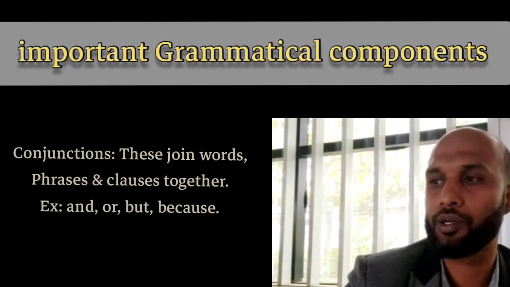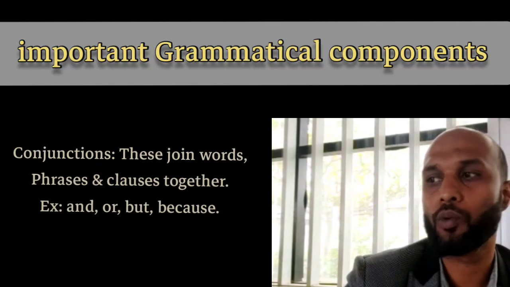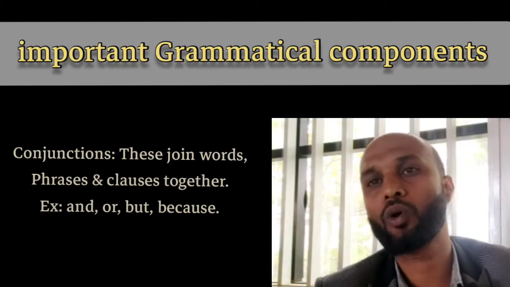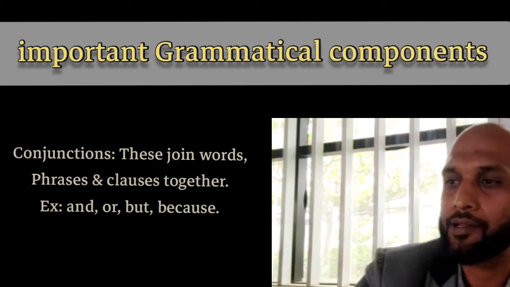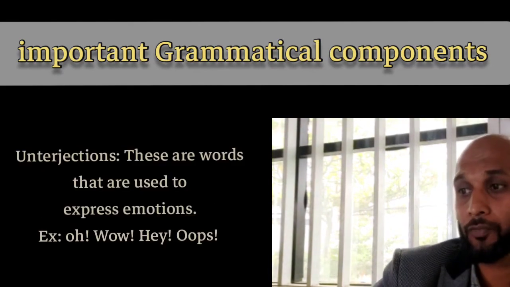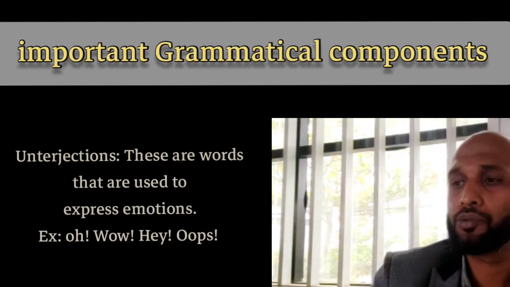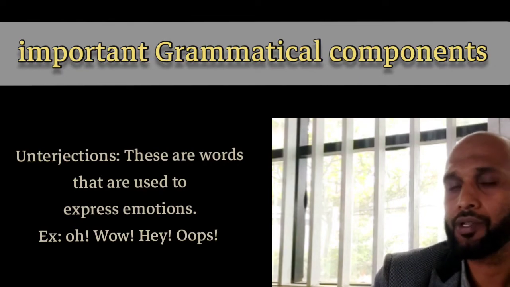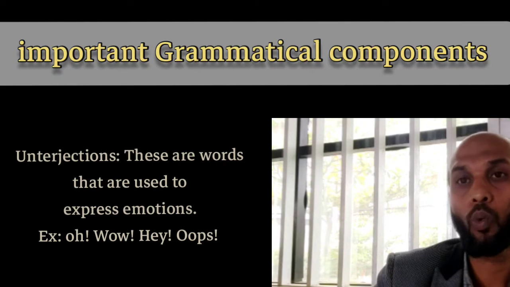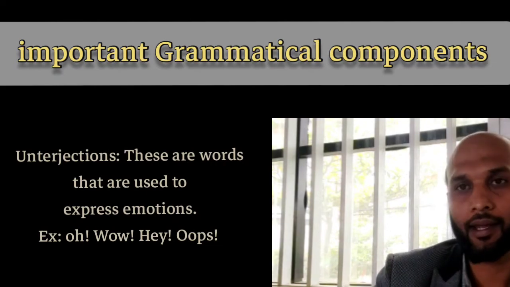These join words, phrases, and clauses together. For example, and, or, but, because, etc. Interjections. These are words that are used to express emotions. For example, oh, wow, hey, oops, etc.